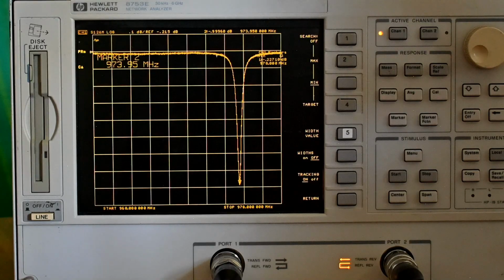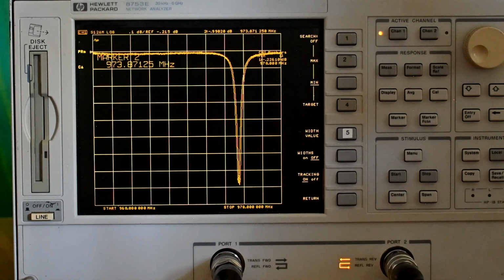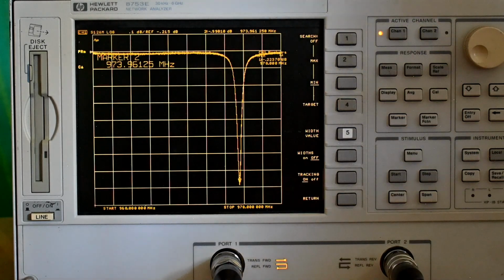I've got it in the chamber now, and you will see it has essentially no difference versus the previous sample. This one is showing a little bit higher loss and a little bit more of a frequency shift, but that's because it's a slightly larger sample. That difference will come out in the calculations done later.